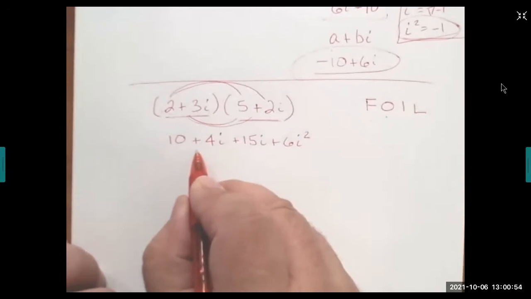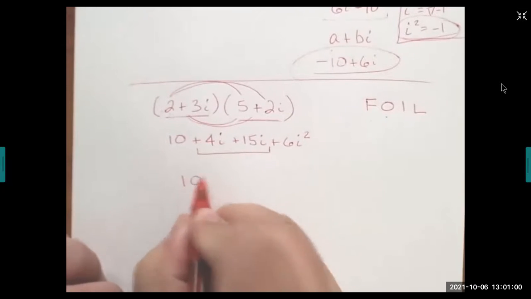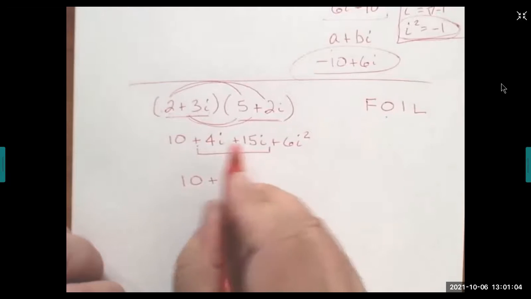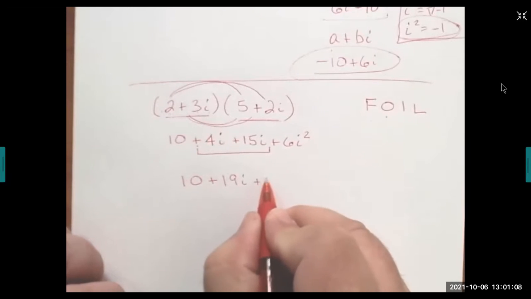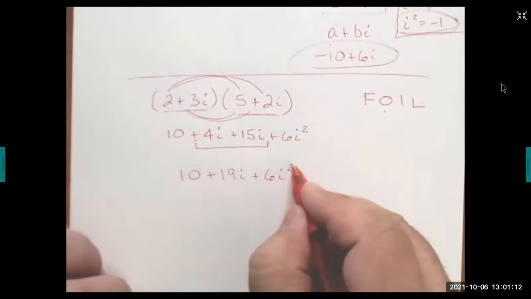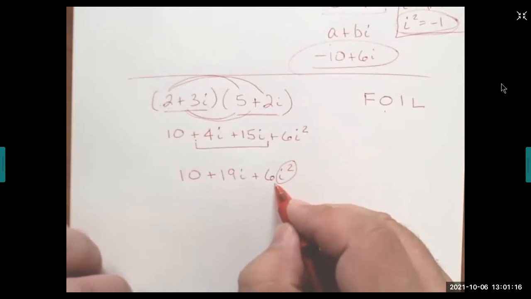Combine like terms. Right now, those are our like terms. Positive 4 plus positive 15, they're both positive. 15 plus 4 is 19. Plus 6i squared. Remember, whenever you have an i squared, what does that do?